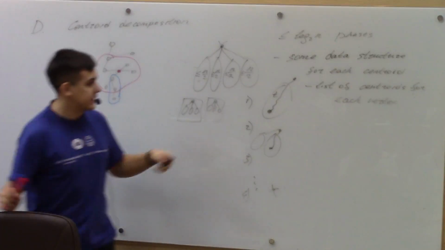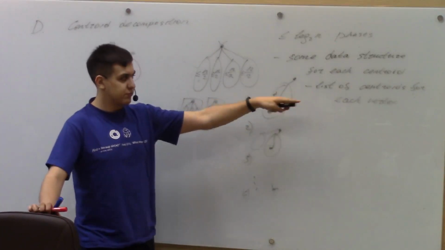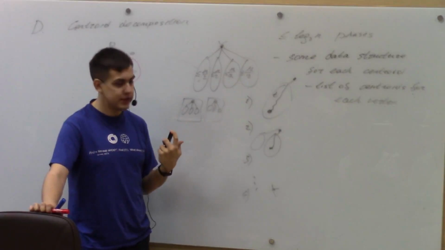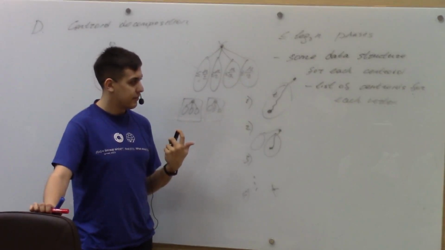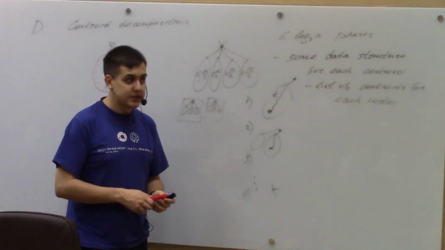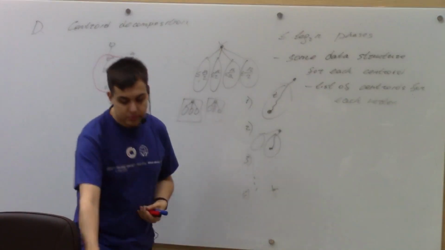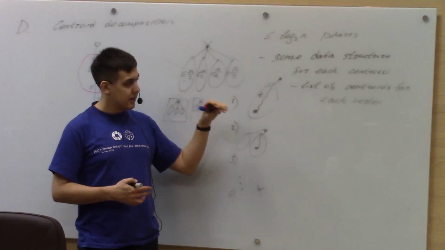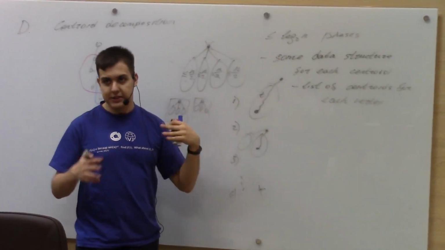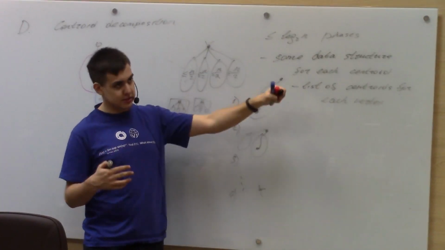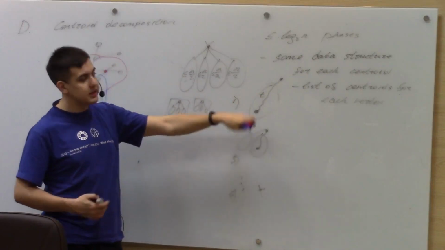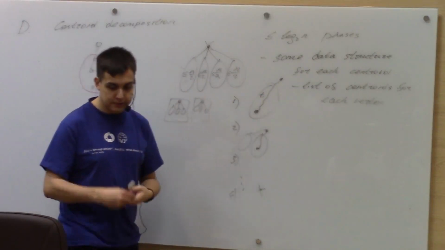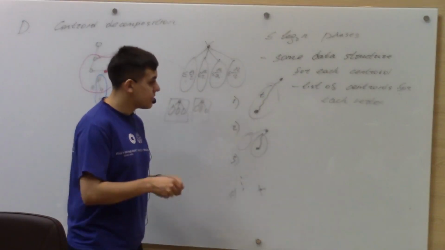So for each vertex, we would not just store the list of centroids for that vertex, but we will also store the distance to the centroid. So for each vertex we have a list of pairs: the first centroid and the distance to it, the second centroid and the distance to that one.